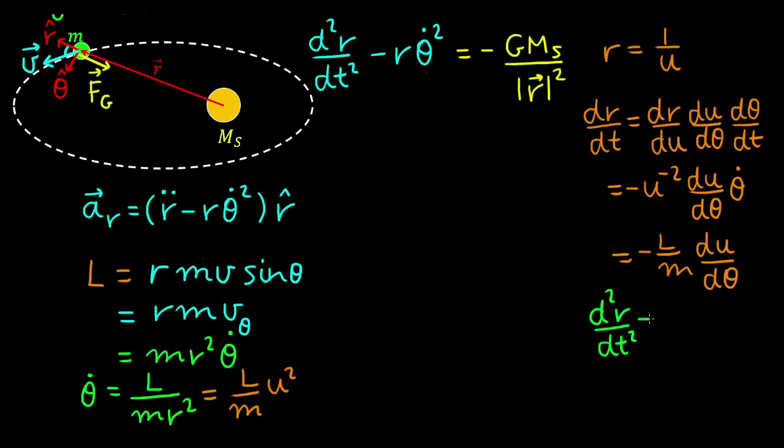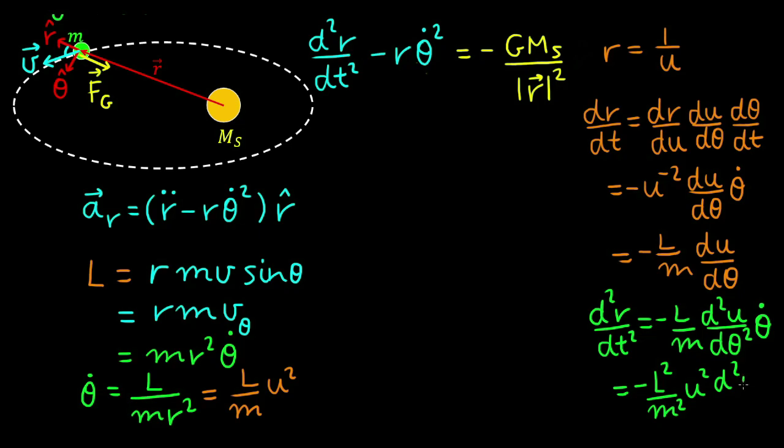So using the chain rule, we get minus L on m, and then we first differentiate with respect to theta, and multiply by d theta/dt. And now if we substitute for theta dot, we get minus L squared on m squared times u squared times the second derivative of u with respect to theta.